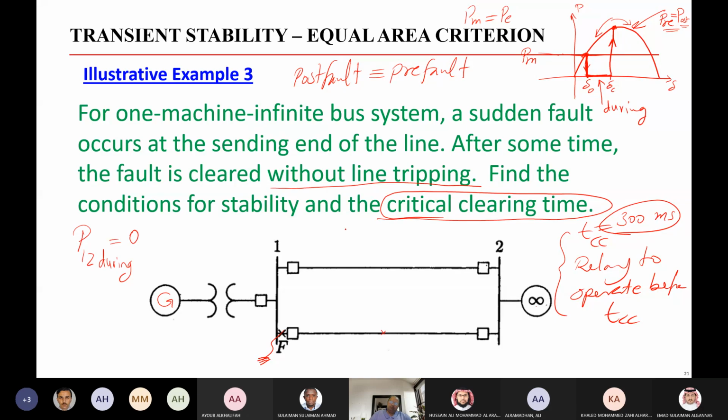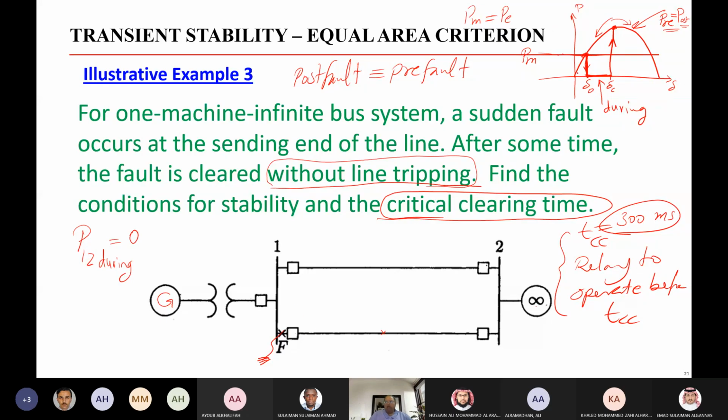Is it clear? Clear, yes. If the fault is cleared by tripping a line, if we trip the line to isolate this fault, these circuit breakers are open, so we isolate this fault by tripping the line. In this case, the system configuration is different in post fault.